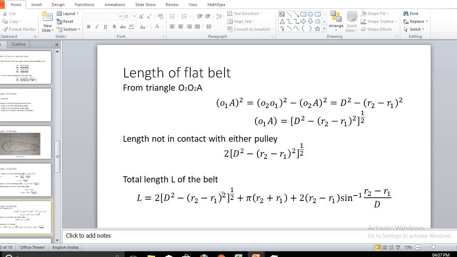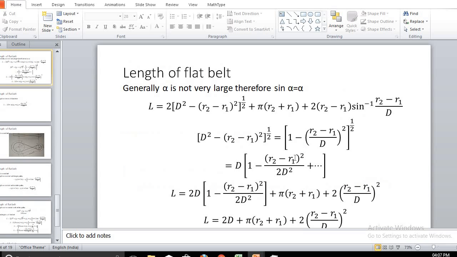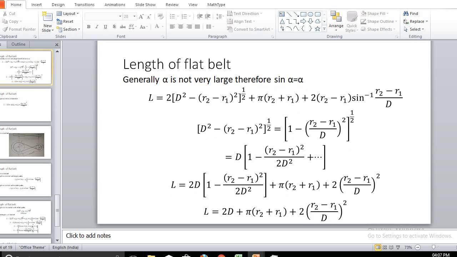Now we can simplify this term by expanding it, and after simplification we will get the length of that particular belt. We consider expanding d square minus R2 minus R1 square raised to 1 half.